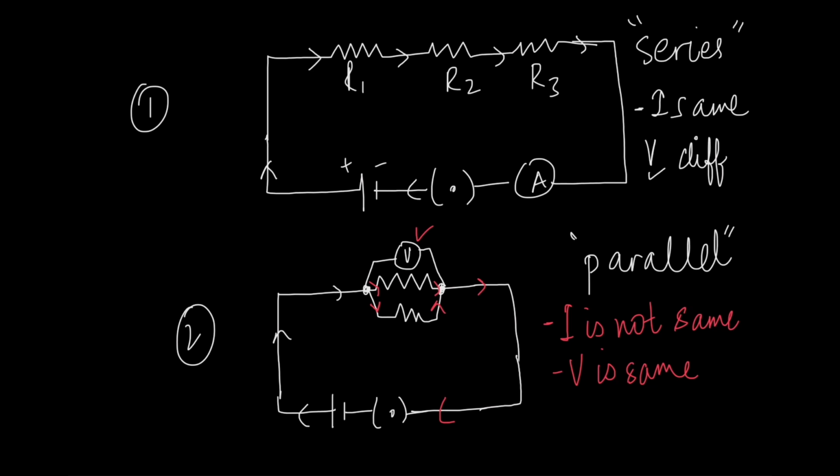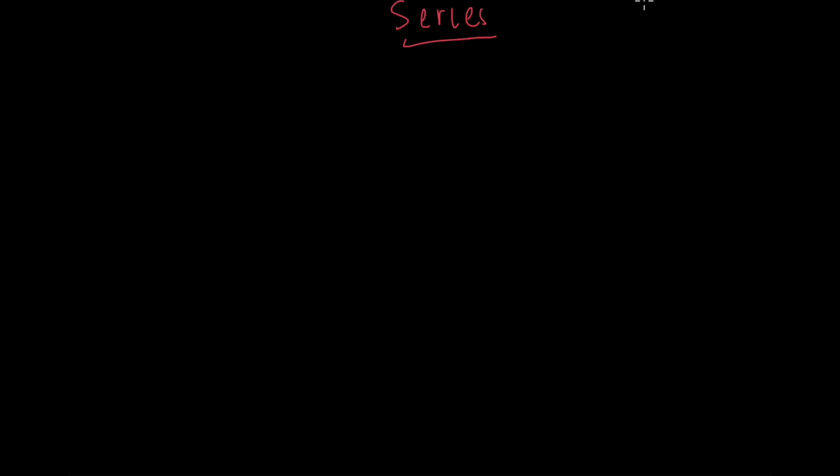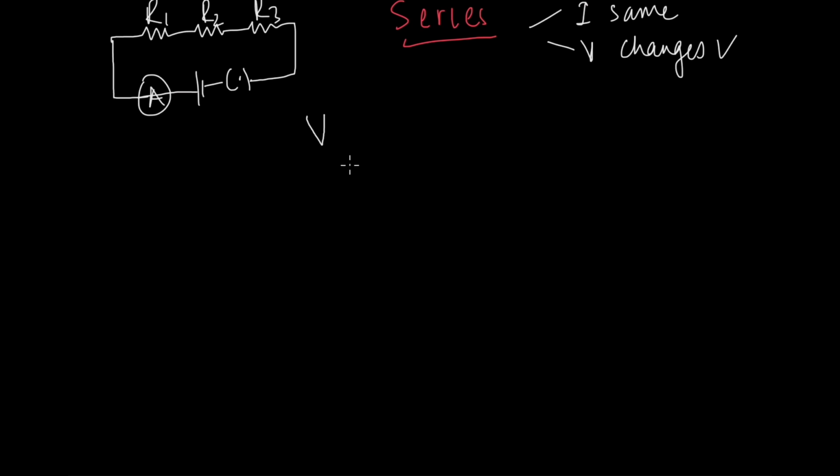So now that we have covered this and understood what parallel and series type of arrangement is, we can actually go to our derivation of how do we get our formulas for calculating resistance in a system of resistors. We knew of two things. One was that in series resistance, I remains same and voltage changes. So in series type of circuits, we know that the current through all three resistors will remain same, whereas the voltage will change.